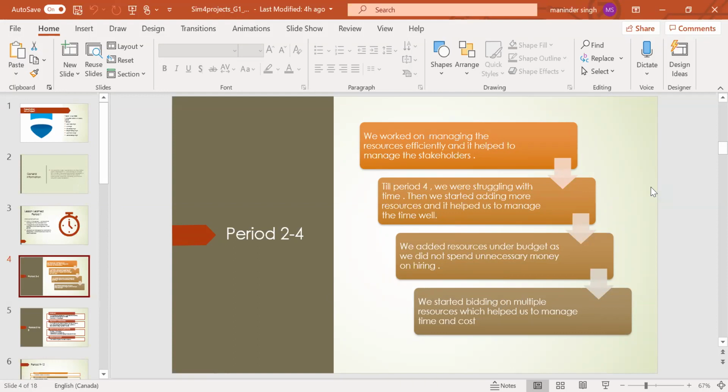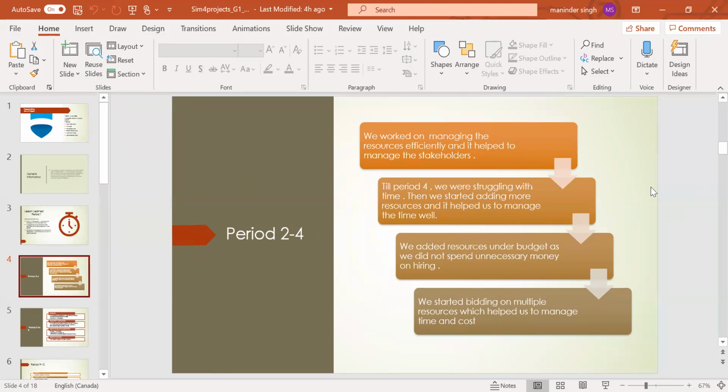In periods 5 to 8, we worked well. In this period, we efficiently managed efficiency and cohesiveness, which was around 70 to 85%. And also, we were within the budget.